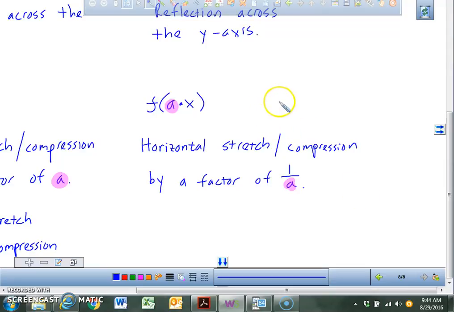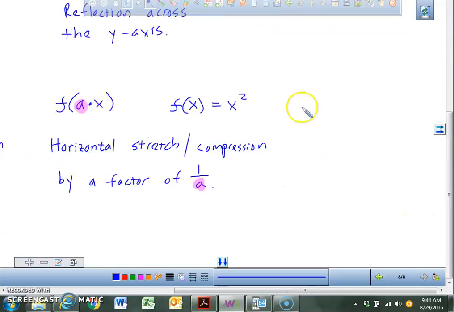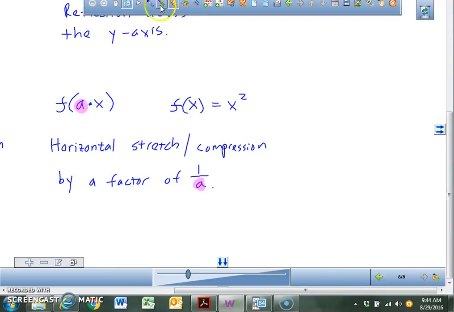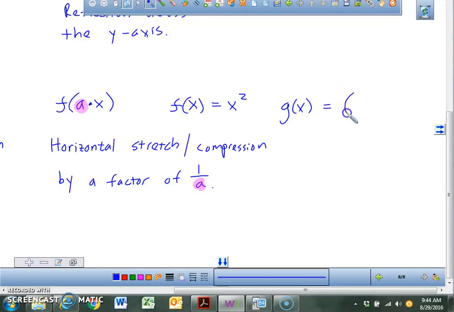So in this one, I'm going to give you an example. If the original function was f of x equals x squared, and the new function was g of x equals, in parentheses, 2x, squared.